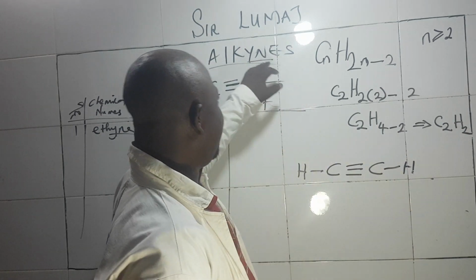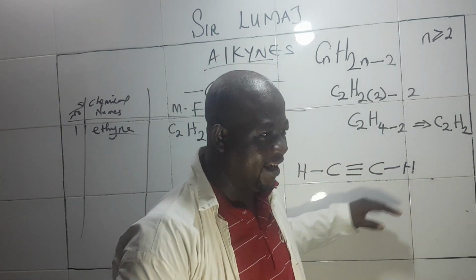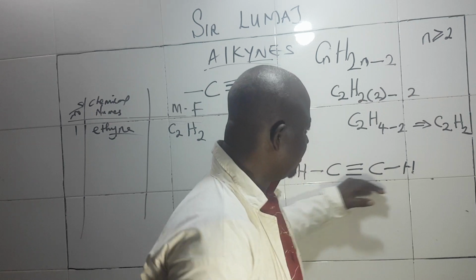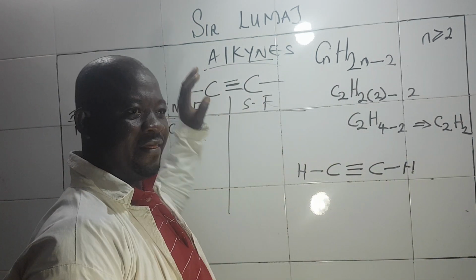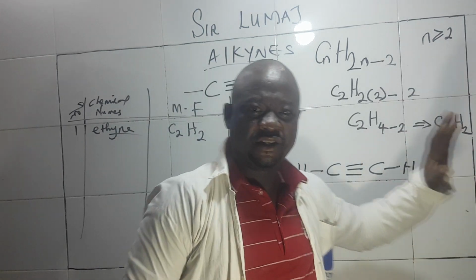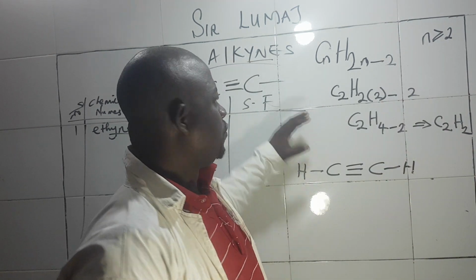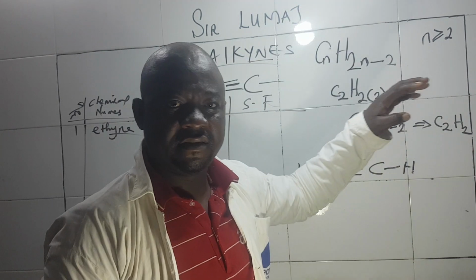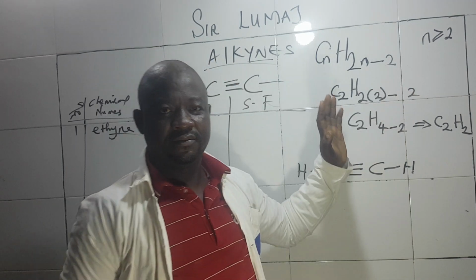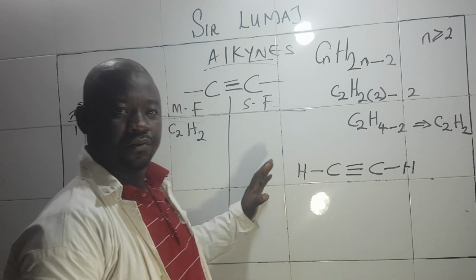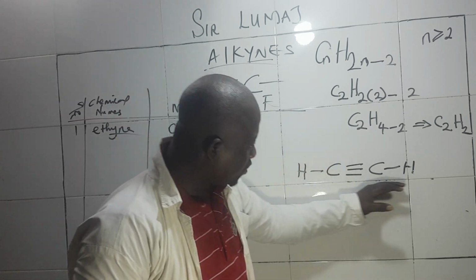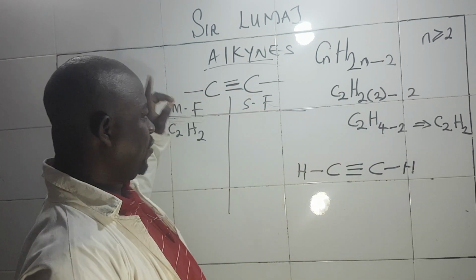So you say alkynes have a linear structure, a straight structure. For alkenes, they have what? A planar structure. For alkanes, they have the tetrahedral structure. I'm trying to describe the way they look. This one is straight, that one is planar.